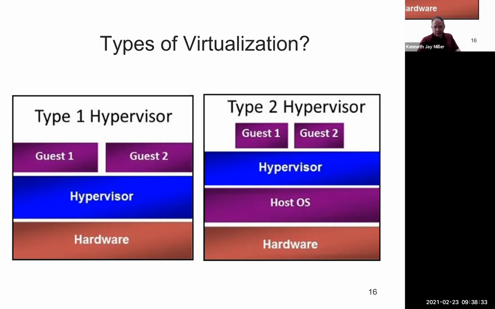One layer to go through to get to the hardware. Whereas in type 2, it has 1, 2 layers to get there. So the more layers you have to go through, the longer the latency or the delay will be. So as far as performance, type 2 is not as robust as a type 1.